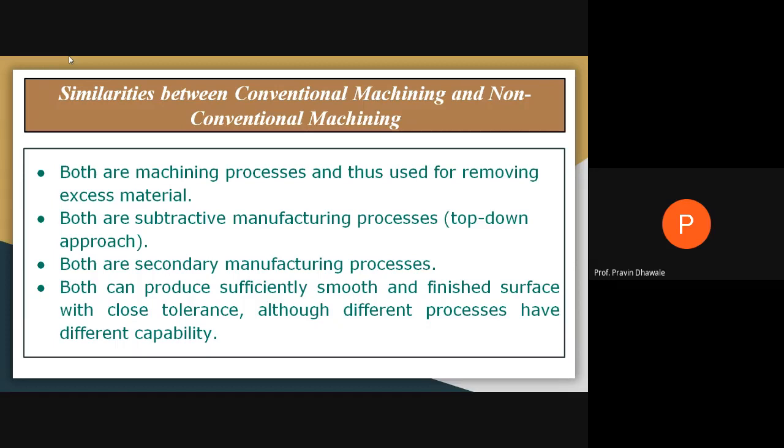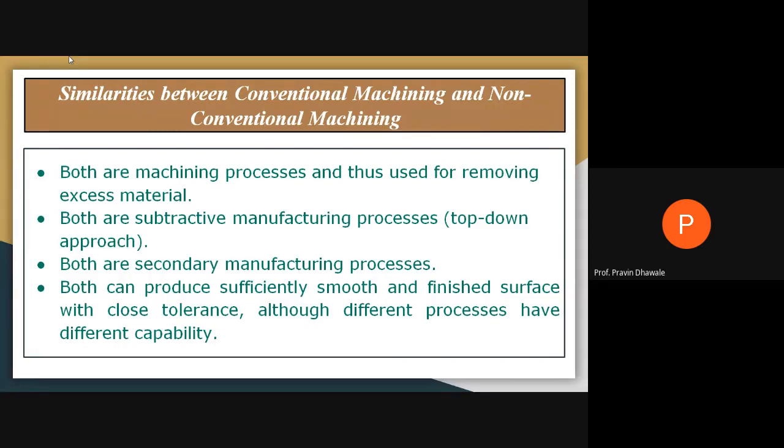So all the material removing processes come under the category of secondary manufacturing. Both conventional as well as non-conventional machining processes produce a smooth and finished surface, meaning they provide a very smooth surface finish to the workpiece with close tolerance. Close tolerance is related with the accuracy of the machining.